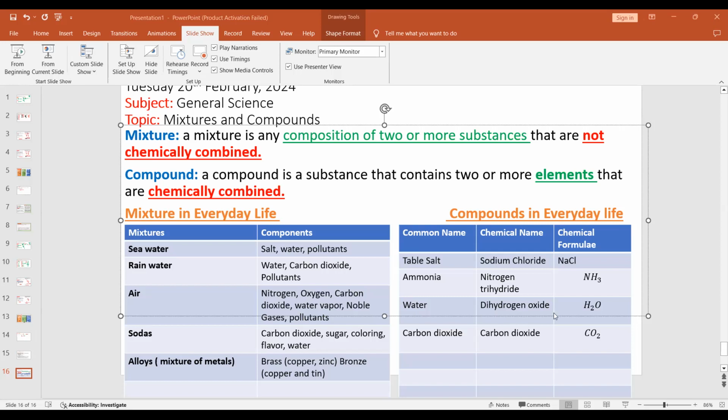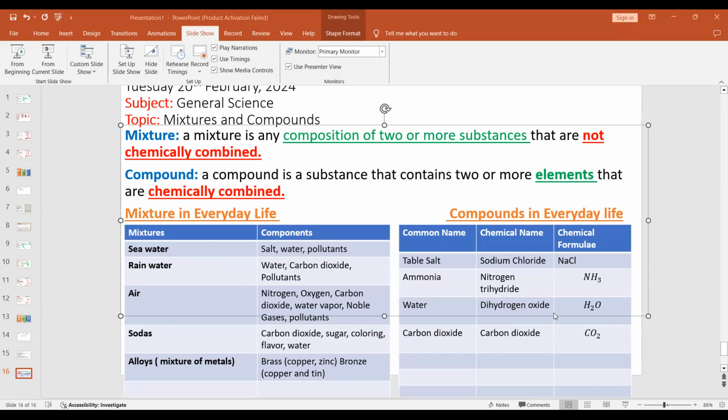Valdez, what is the chemical name for ammonia? Nitrogen trihydrate. Very good. Give me an example of a compound. Carbon dioxide. Samantha, give me an example of a compound in everyday life.